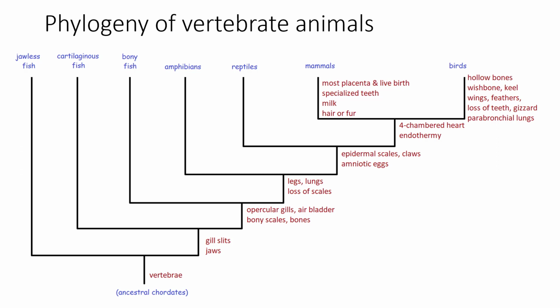They also have hollow bones to decrease their weight. They lost teeth, again probably to decrease their weight, and substituted a gizzard, a muscular pouch that they can swallow sharp rocks and use the rocks to grind up their food rather than having teeth. And then they have the most efficient type of respiratory system called parabronchial lungs.